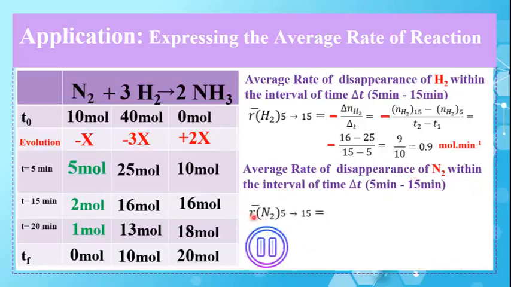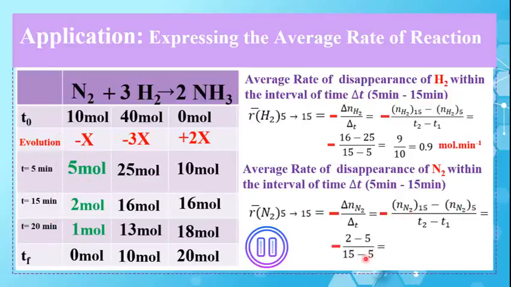So the average rate of N2 in the interval of time 5:15 is equal to minus delta n of N2 over delta t, since N2 is a reactant, is equal to the number of moles of N2 at t equal 15, which is 2 mol, minus the number of moles of N2 at t equal 5, which is 5 mol, over 15 minus 5. 2 minus 5 equals minus 3. With the minus here, we will get 3 over 10 is equal 0.3, and the unit is mol minute minus 1. These two numbers are different.